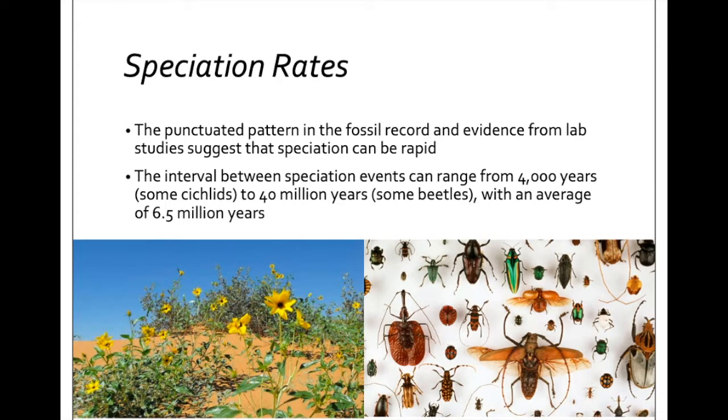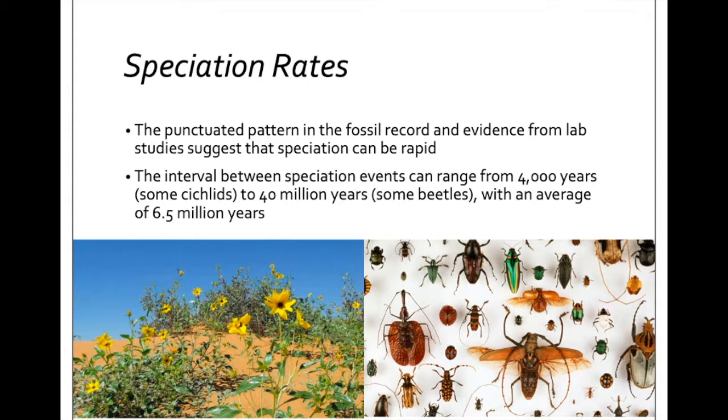It can also be very slow, and sometimes it just depends. So beetles, we've seen we have a huge difference in species of beetles. There's a huge variety of species, ranging in huge difference of sizes and morphotypes and habitats, and we think that it's taken probably 40 million years, with an average of maybe 6.5 million years, for many of these species to evolve.